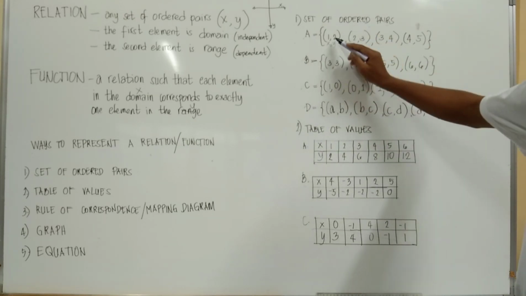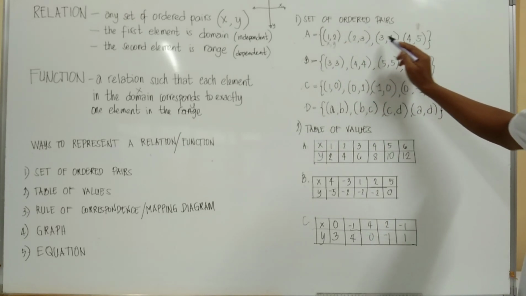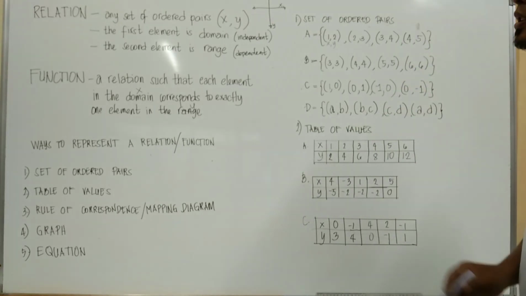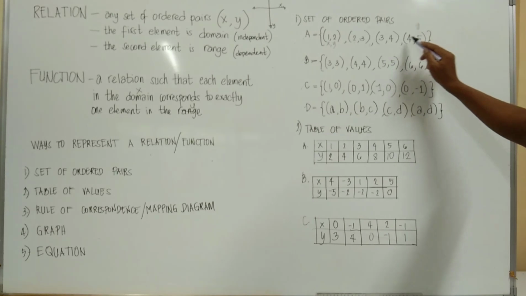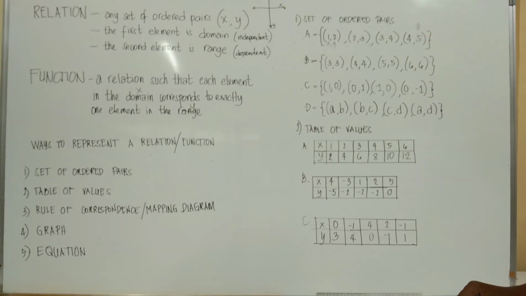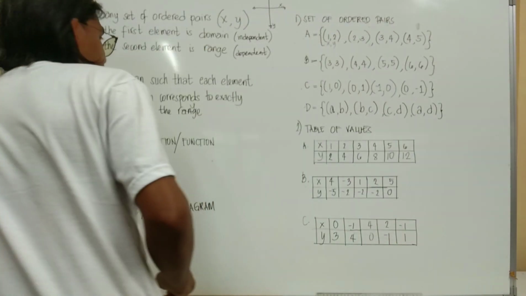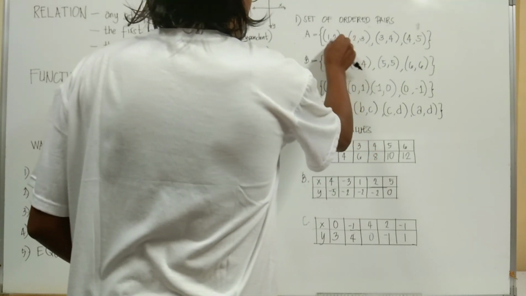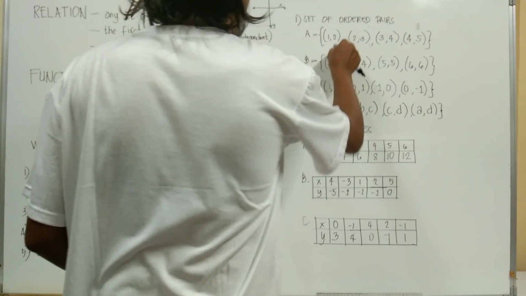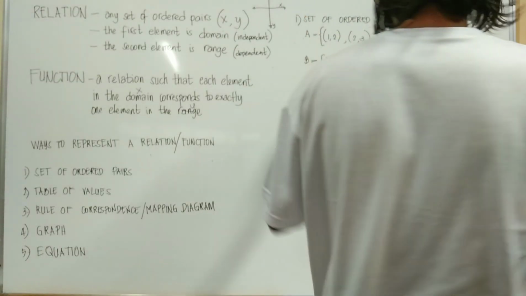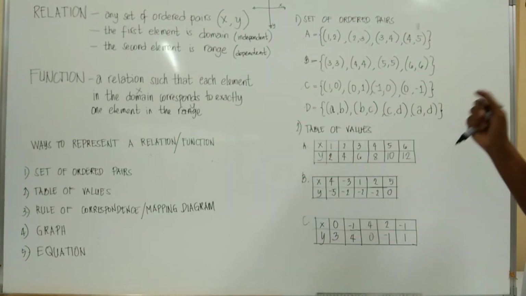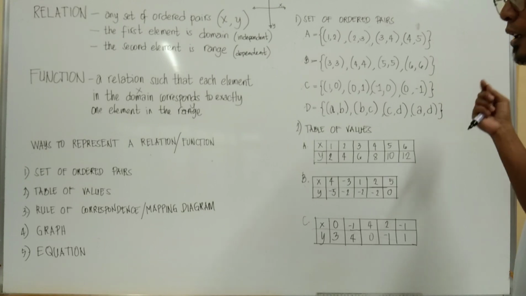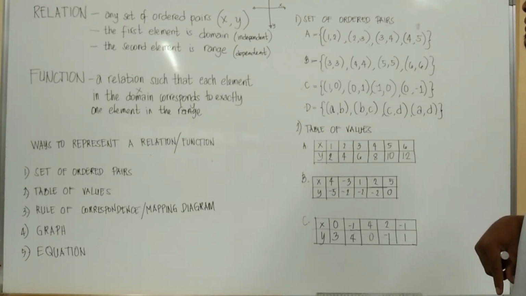And the Y's are 2, 3, 4, and 5, also known as your range, or y sub 1, y sub 2, y sub 3, and y sub 4. Using these ways to represent your function or relation, we can identify which are function or not function.